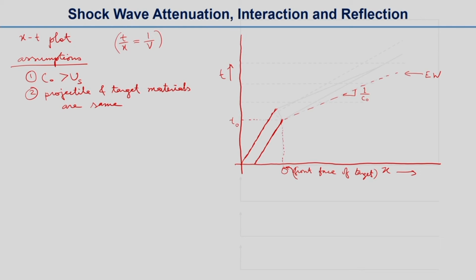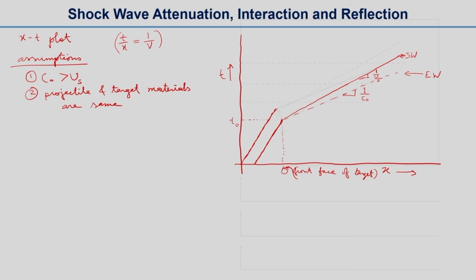So, there will be another wave that we know, the shock wave, which will travel like this. Okay, this is shock wave, and its slope is nothing but 1 by us.